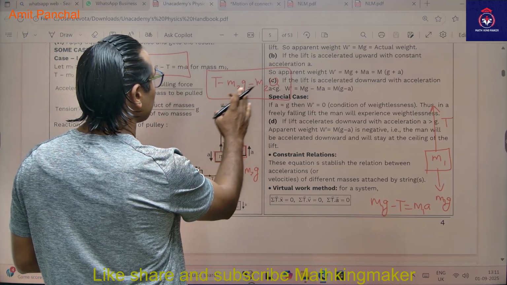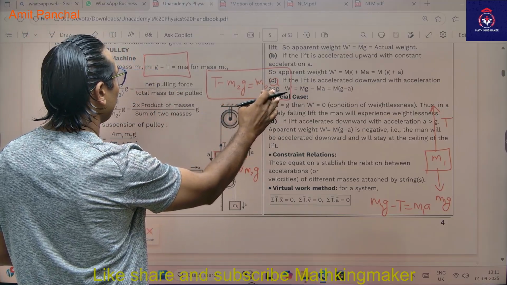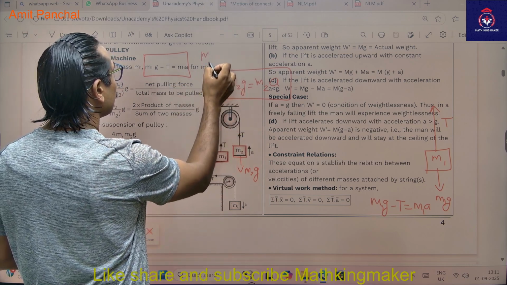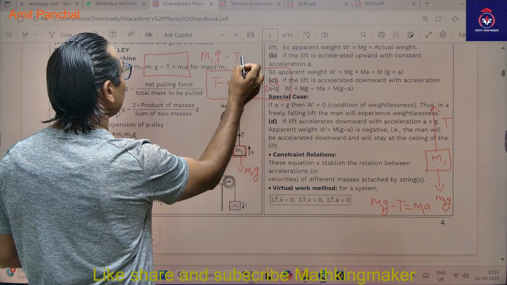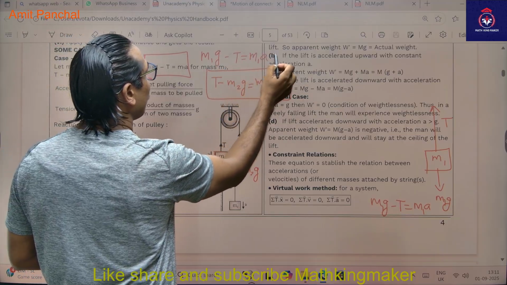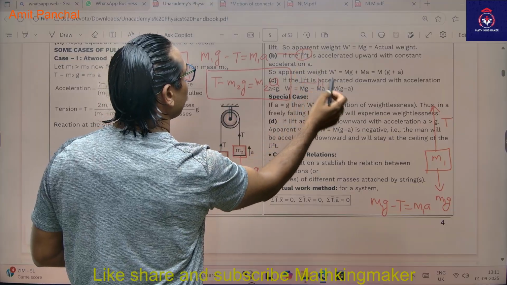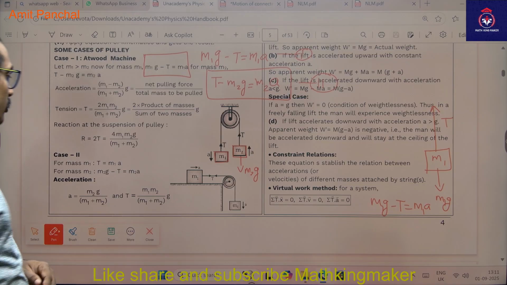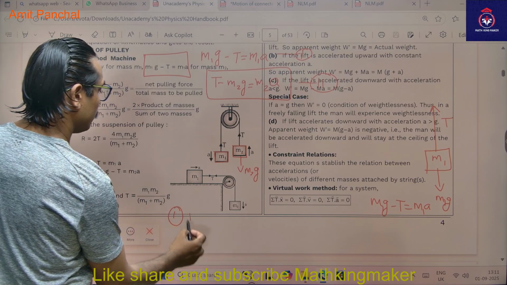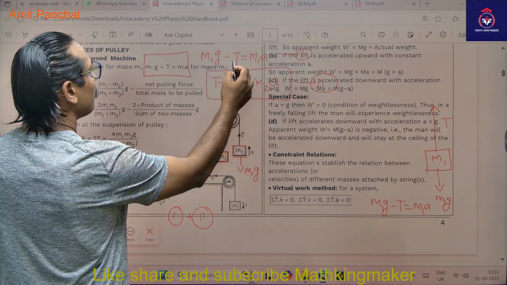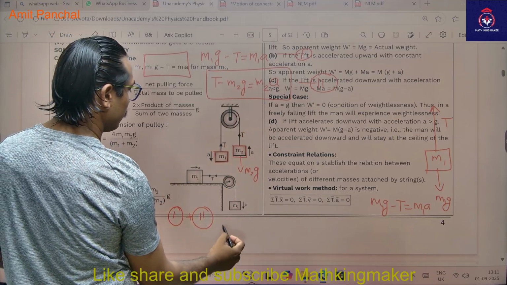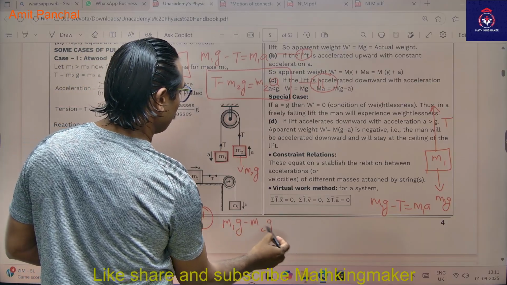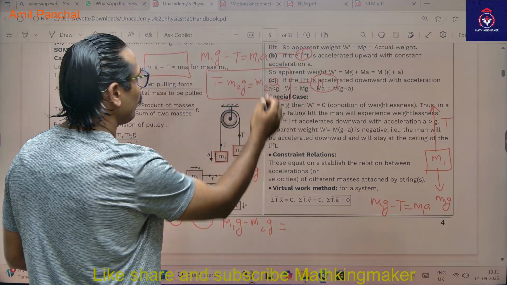One is T minus m2g equal to m2a. Another one is m1g minus T equal to m1a. If you add these two equations, what will happen? T will be cancelled. So adding 1 and 2, it becomes m1g minus m2g equal to (m1 plus m2) into a.